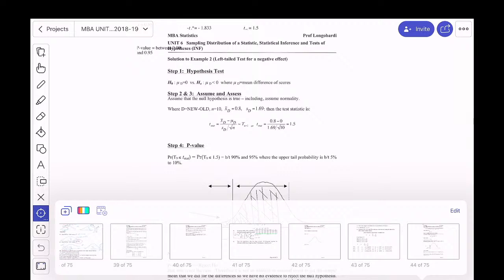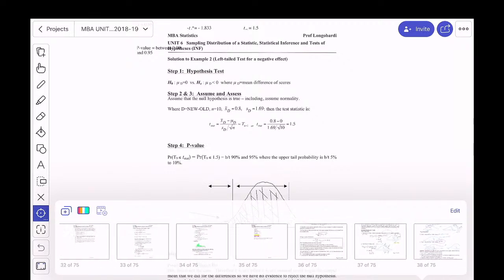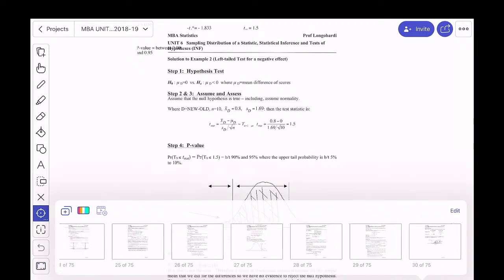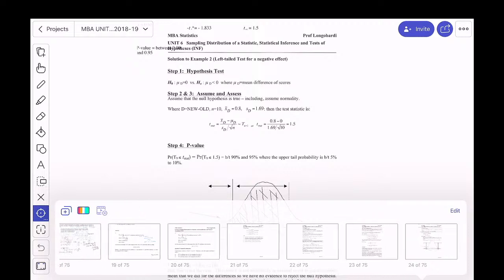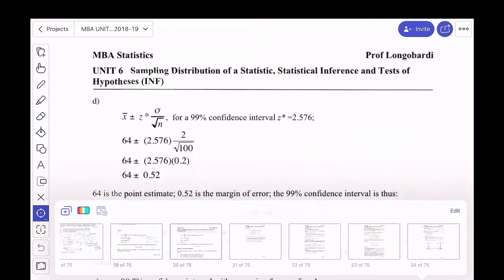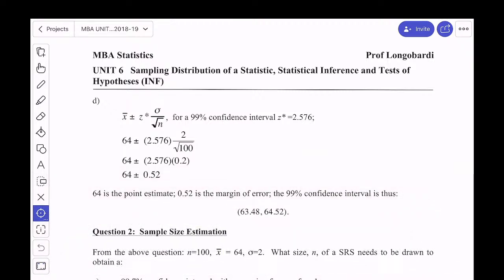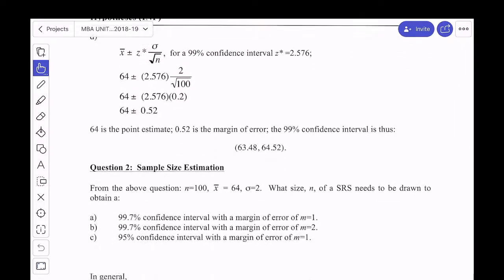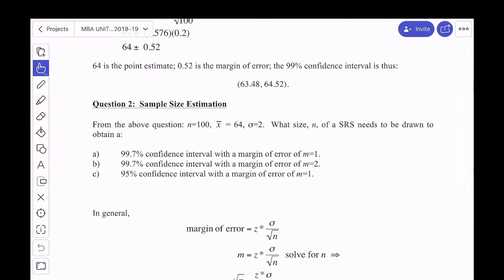So I'm going to go back to the discussion over here. Sample size estimation on page 20.